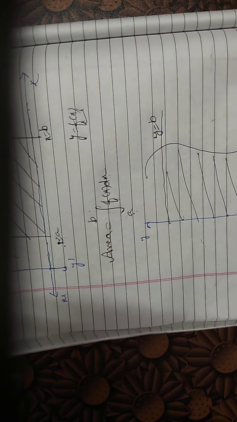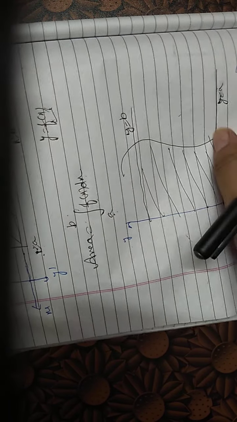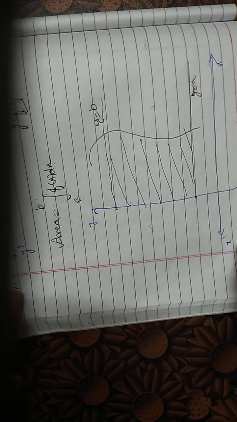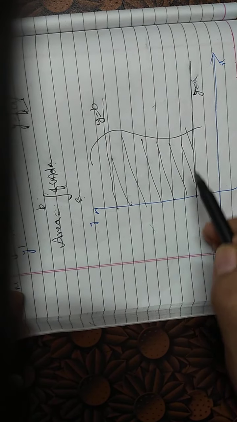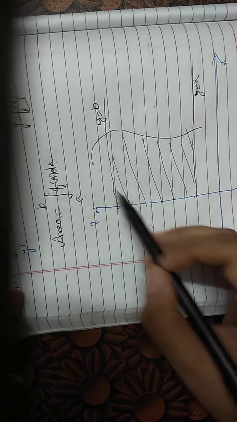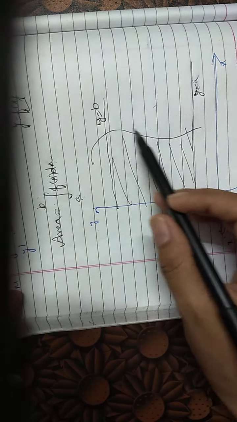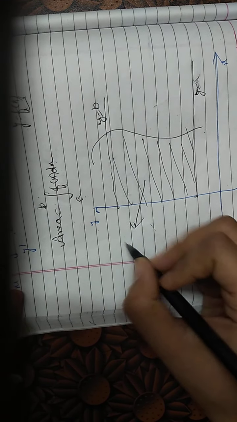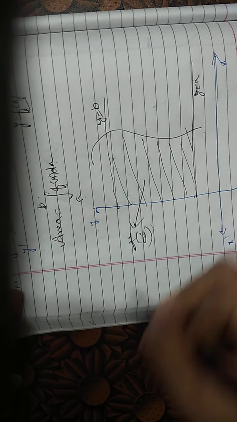So what I will do, if I just turn my page like this, what I am getting is that the x-axis has now become the y-axis, and the area is from y equals a to y equals b. So our function, since the curve is along the y-axis, will be f of y.